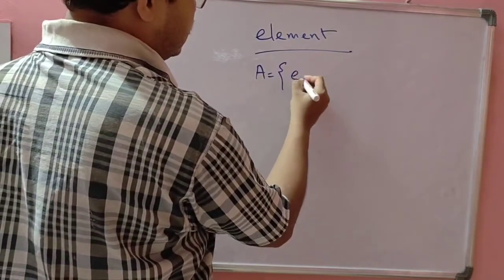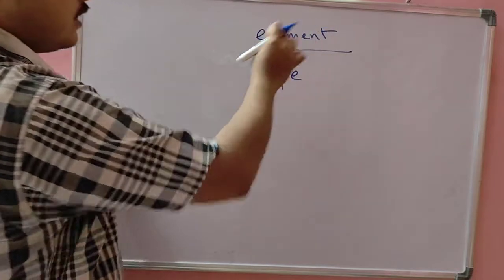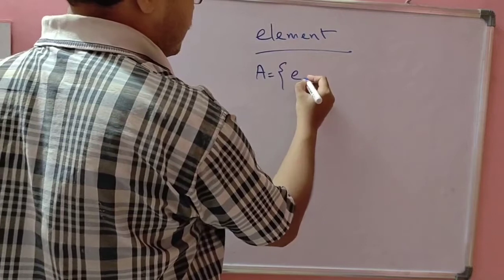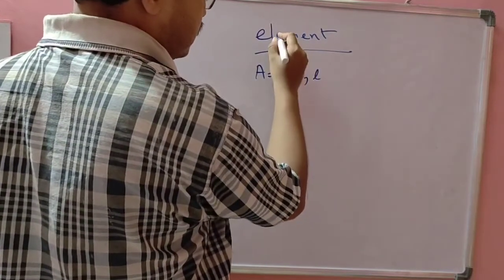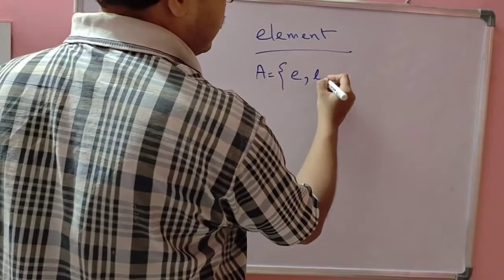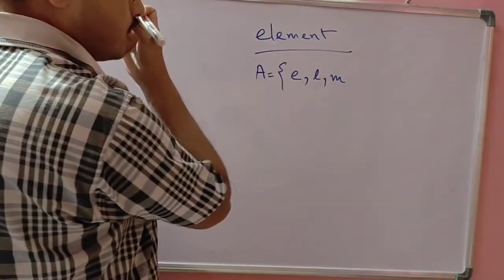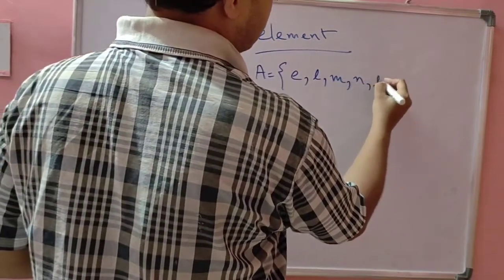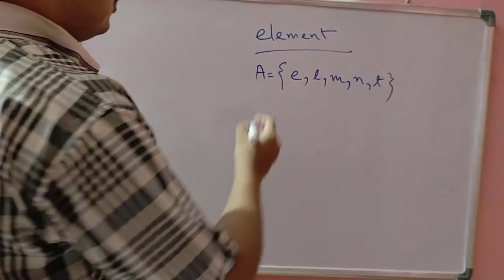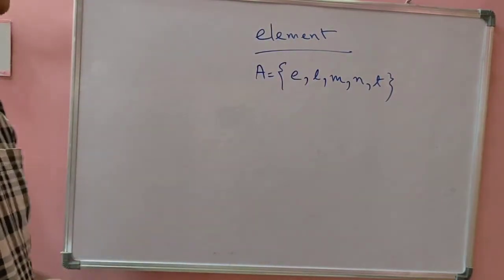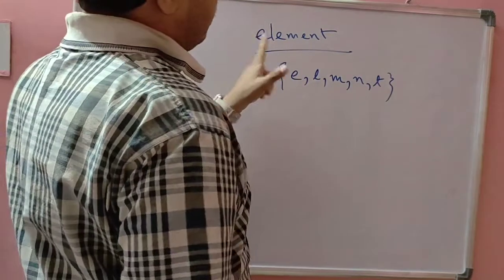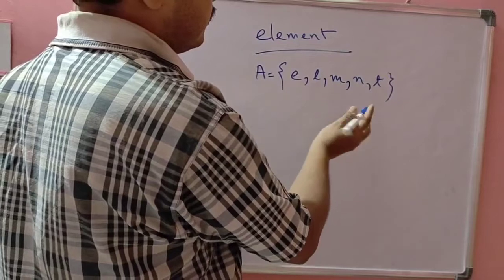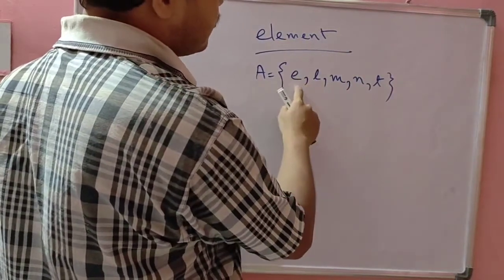Suppose A is the set containing all the alphabets in the word element. So E, then L, then there is an E but we will not write it again, we write M. We skip E again, and then write N, then T. So there are 2 E's, but we skipped them. Why did we skip E? Because an element or member appears only once in the set.